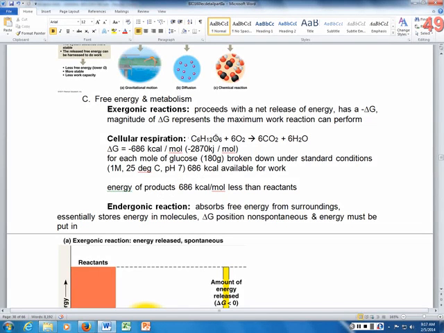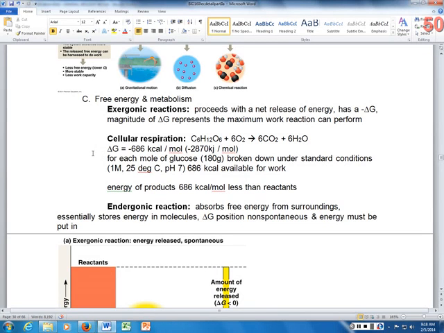So with cellular respiration, the C6H12O6 is glucose. You have glucose plus oxygen gives you carbon dioxide and water. The delta G for this reaction is negative 686 kilocalories per mole, which is also, in the other units, negative 2870 kilojoules per mole.